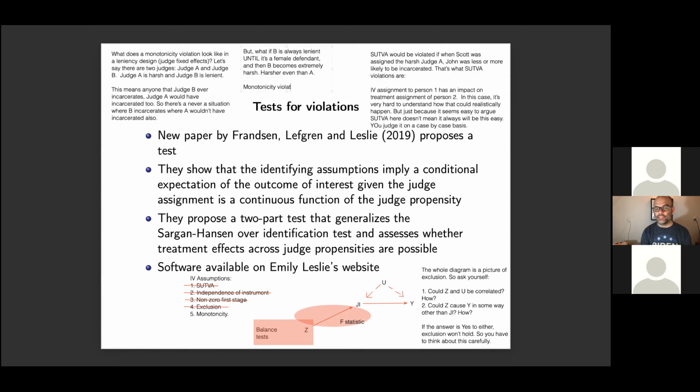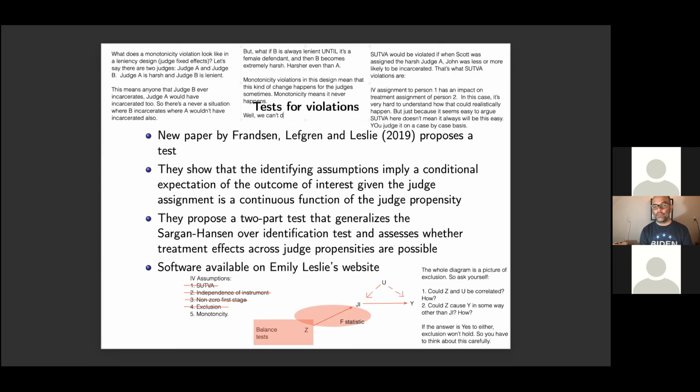Monotonicity violations in this design mean that this kind of change happens for the judges sometimes. Monotonicity means it never happens.